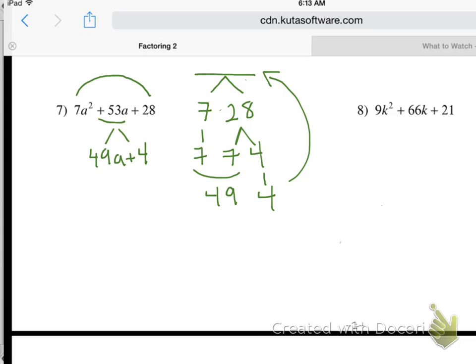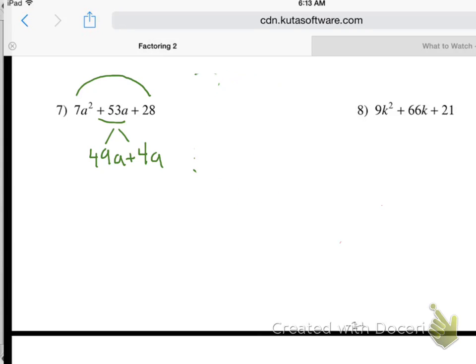Now I'm going to erase this nonsense on the side because I don't have enough room for it, because I want to bring down that positive 28, and squeeze in the front the 7a squared, put a plus sign in between those, and there we've split the term.